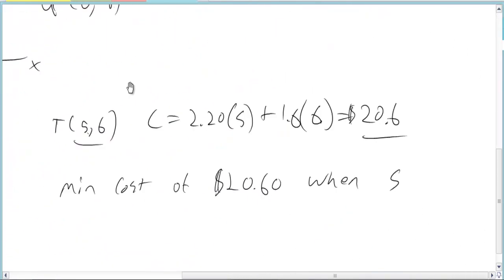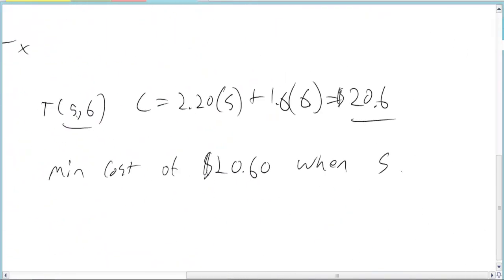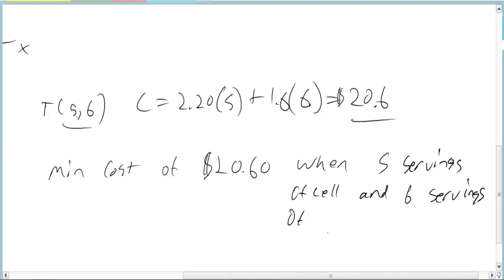So when you purchase five servings of Cell Tech and 6 servings, and I think you get the idea, you've probably already turned off the video, 6 servings of whatever the other one was called, Riboforce or whatever it was. Okay, I hope that made sense.